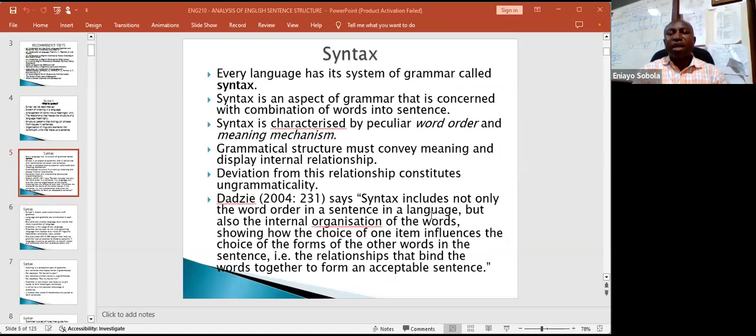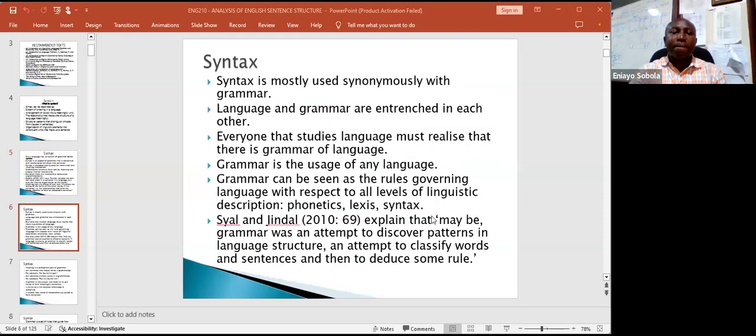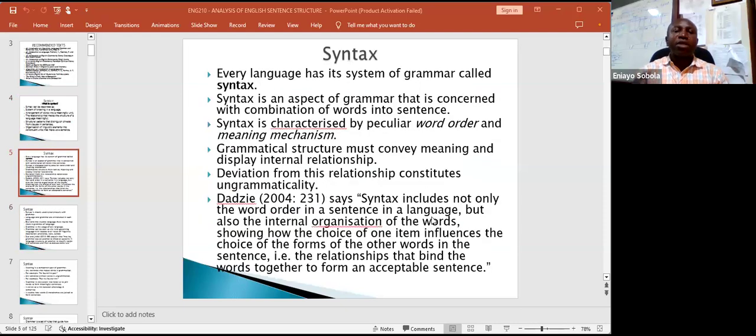So syntax has a lot to do with language, its structure and meaning. Now, you need to know that every language has a system of grammar called syntax, meaning that syntax is a system of grammar, because grammar goes beyond syntax.